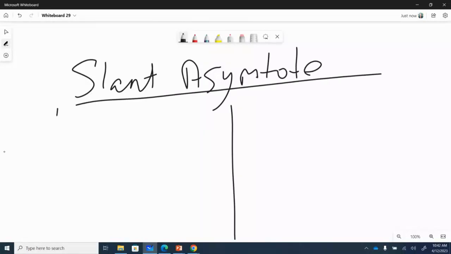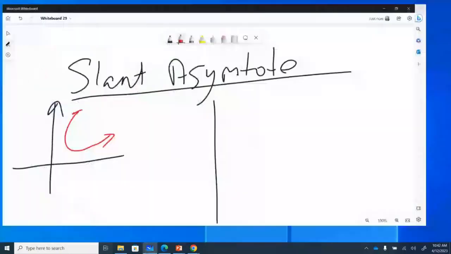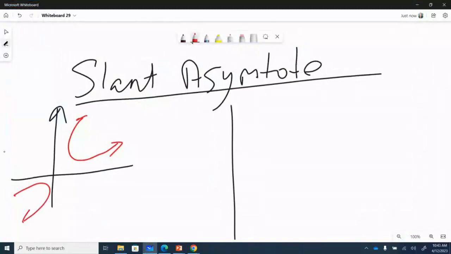Suppose I have a graph here, and I can have one going this way, something like this. And the slant asymptote can be a broken line drawn like this. A slant asymptote is a line, an oblique line.